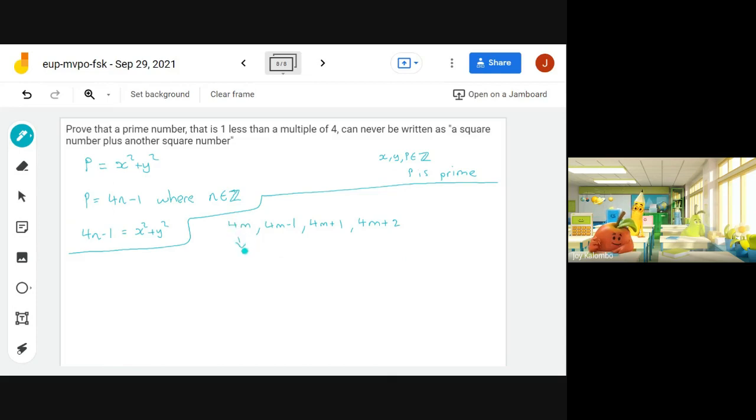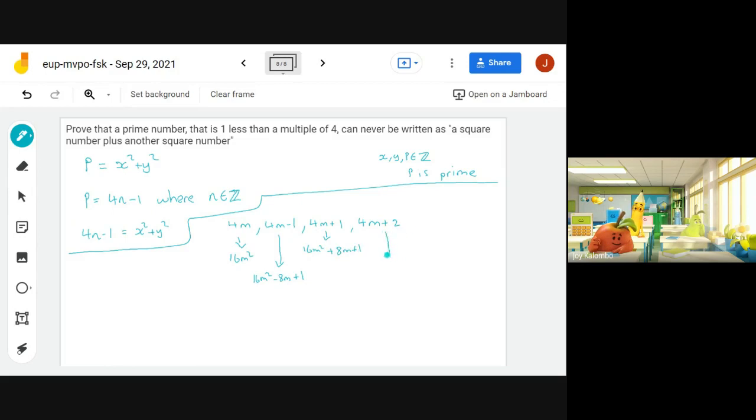So if we square this, we get 16m squared. If we square this term, we get 16m squared minus 8m plus 1. If we square this, we get 16m squared plus 8m plus 1.